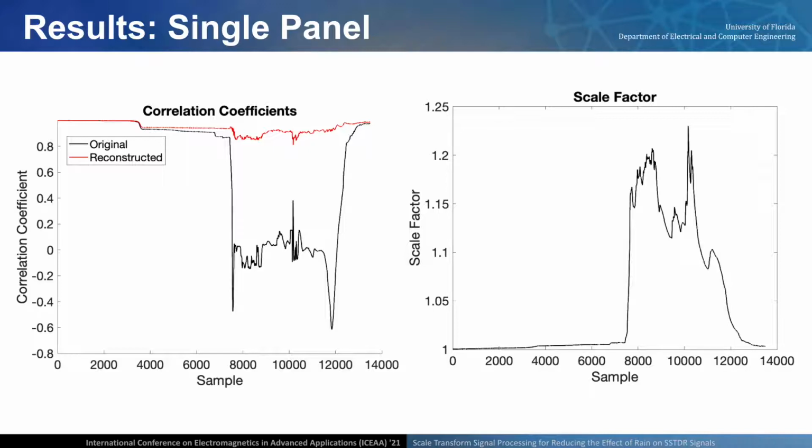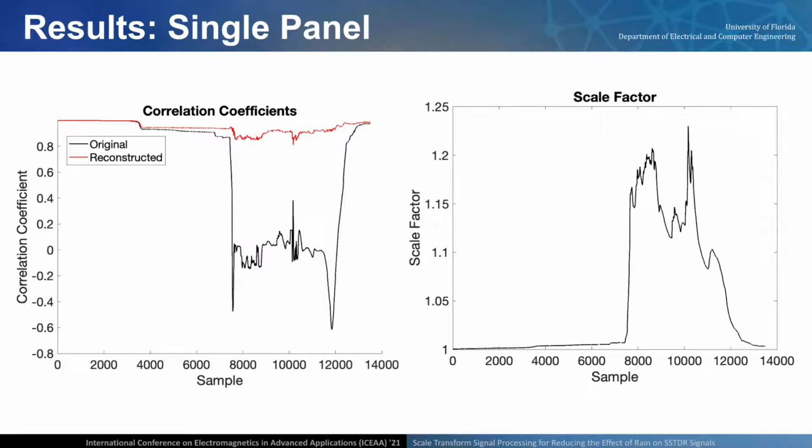Now, after applying the scale transform, we get the graph in red, which shows our correlation coefficients are being raised up to appropriate levels so that we can now use baseline subtraction on all of our samples and not just the samples where we're getting good results in the beginning.